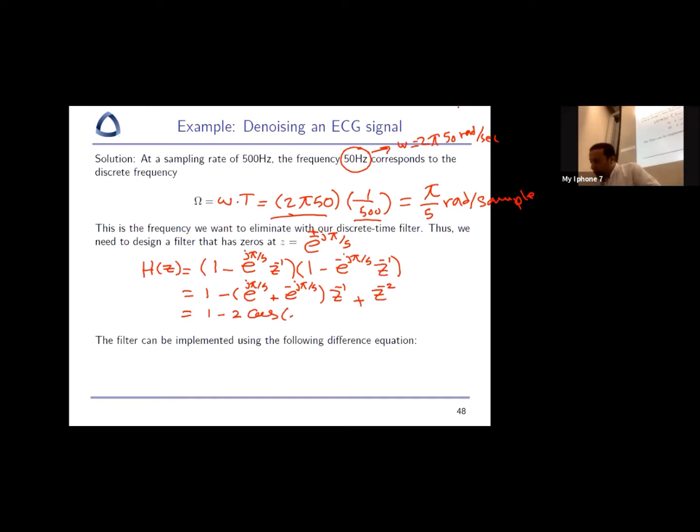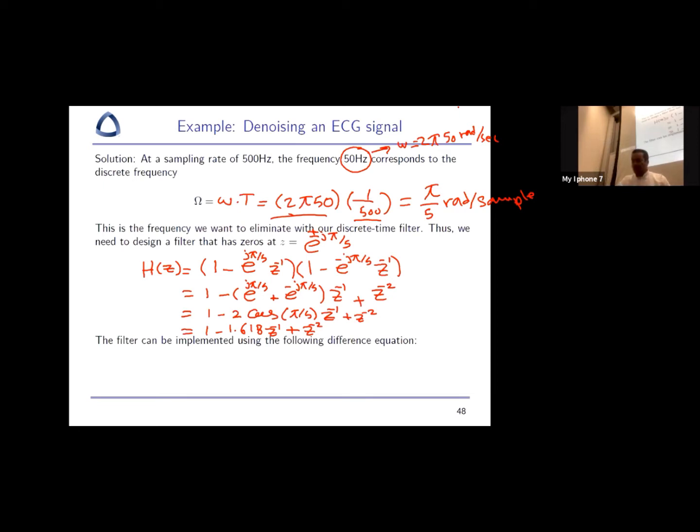Pi over 5, z^-1, plus z^-2. If you use the calculator, cosine pi over 5, and you multiply that by 2, that should give you the following: 1 minus 1.618 z^-1 plus z^-2.